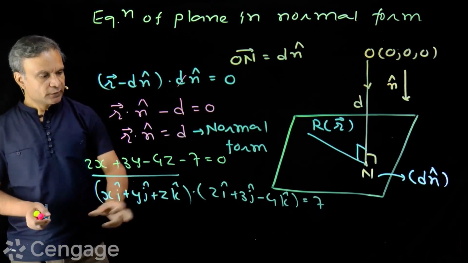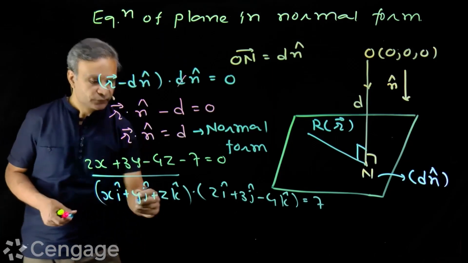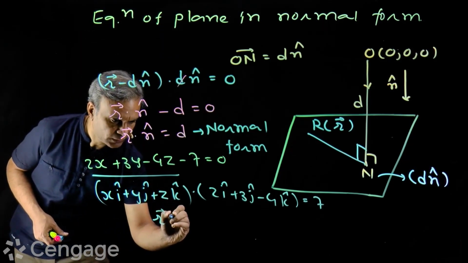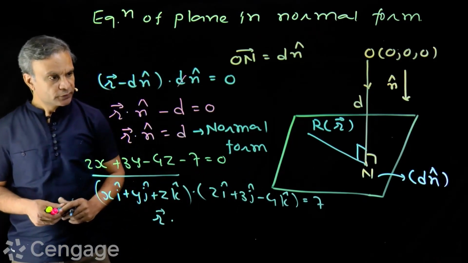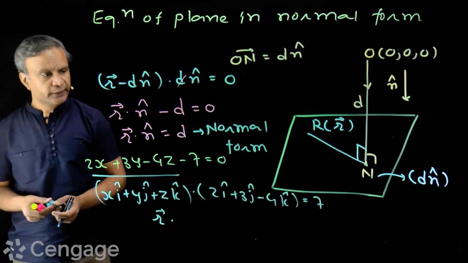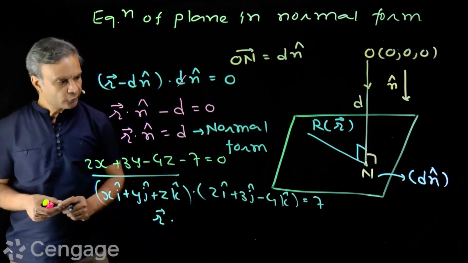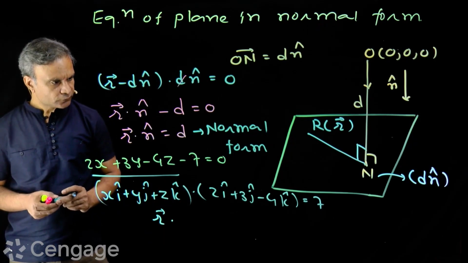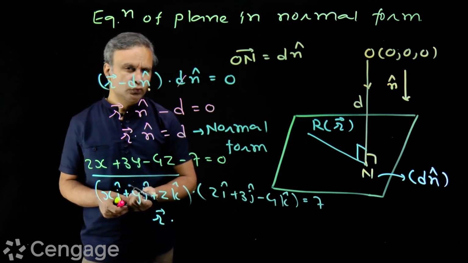Now this is the position vector of a variable point on the plane. This is vector r. We have here r dot. Now this is not a unit vector, and for normal form we must have a unit vector here. So we divide both sides by the modulus of this vector. The modulus will be root of 4 plus 9 plus 16, root 29.